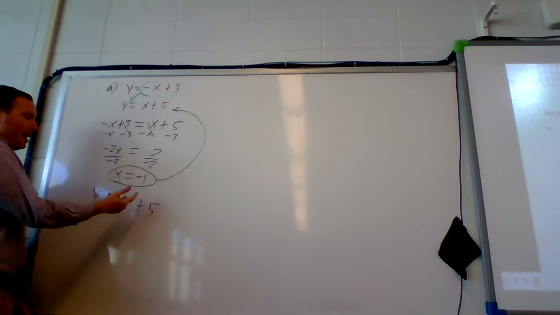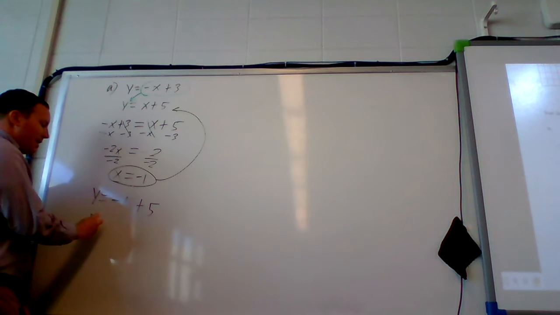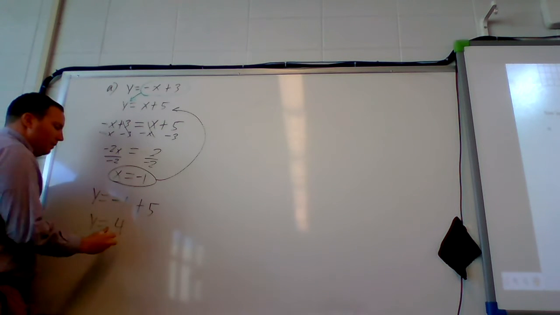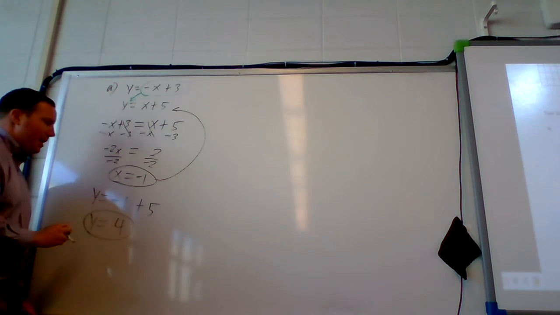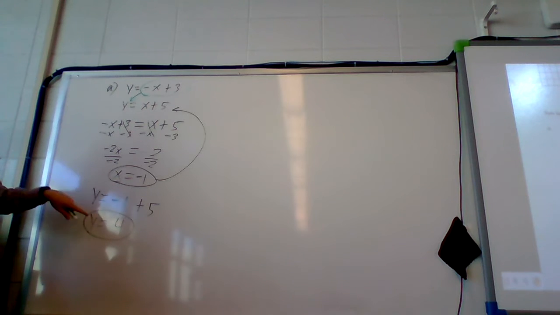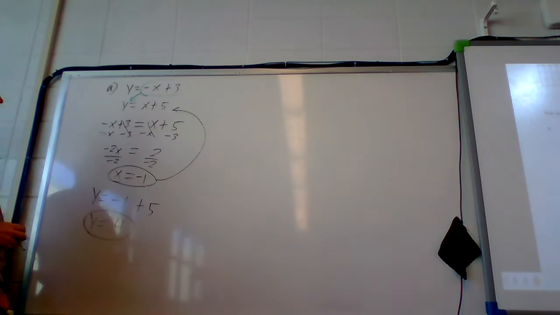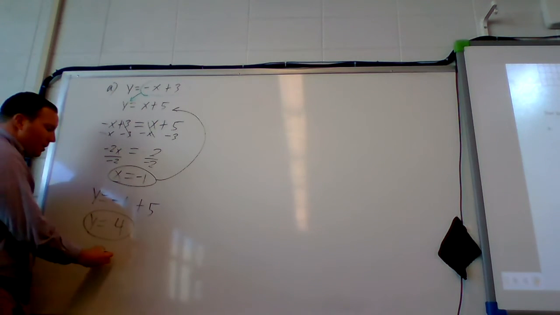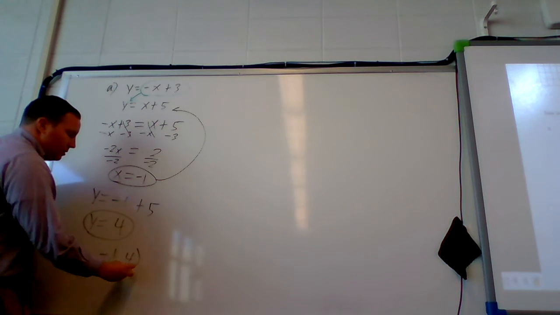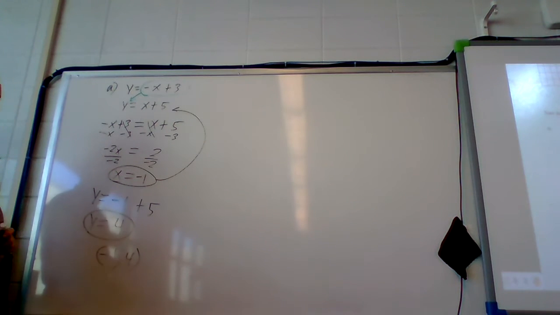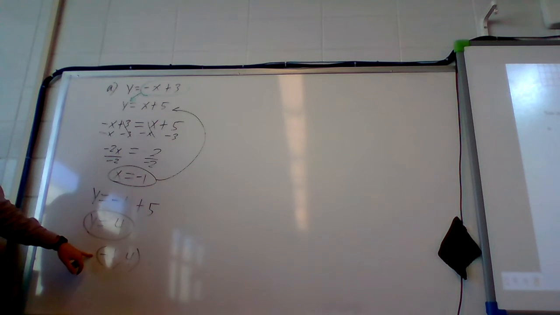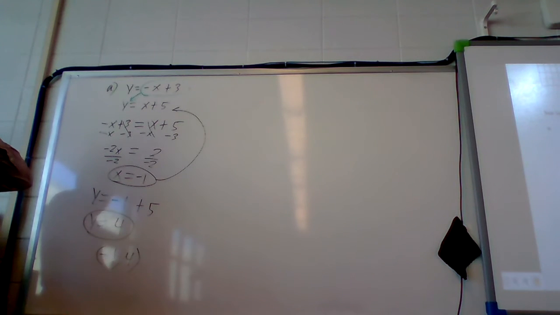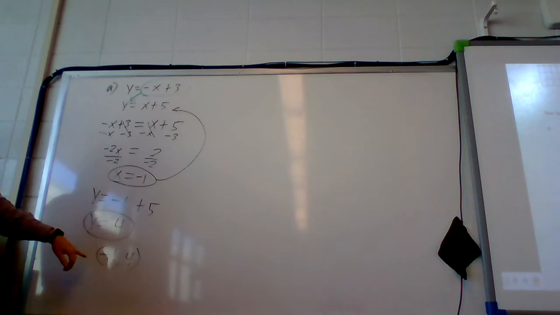So then I'm going to add 5 and negative 1 together. We get y equals 4. So there's my other part. So here's my point that those two lines cross, at the point negative 1, 4. Okay? So there's my answer. There's my substitution, or solving by substitution.